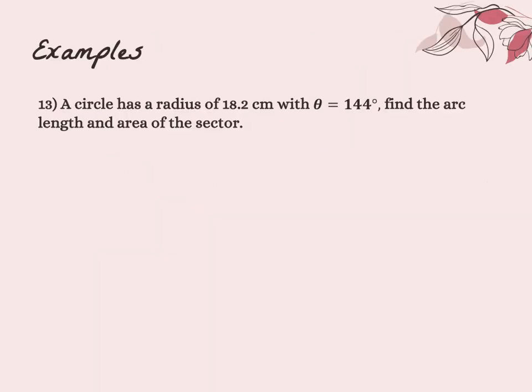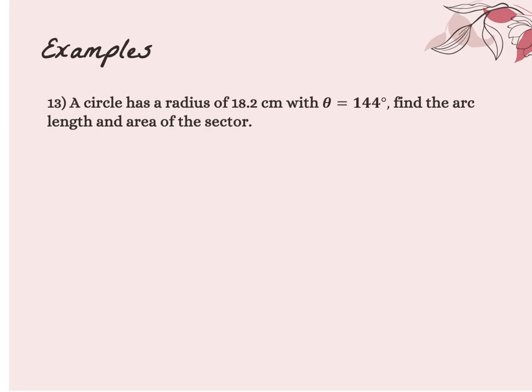Now for this one, notice the radius that they gave us is the same, but this time they gave us theta in degrees. Remember, theta must be in radians. Now when I go to do my formula, my arc length is equal to radius times theta. Right within my formula, I'm going to do the conversion.